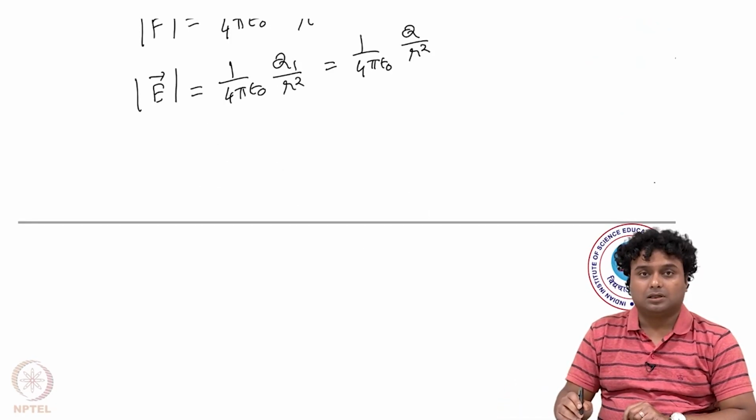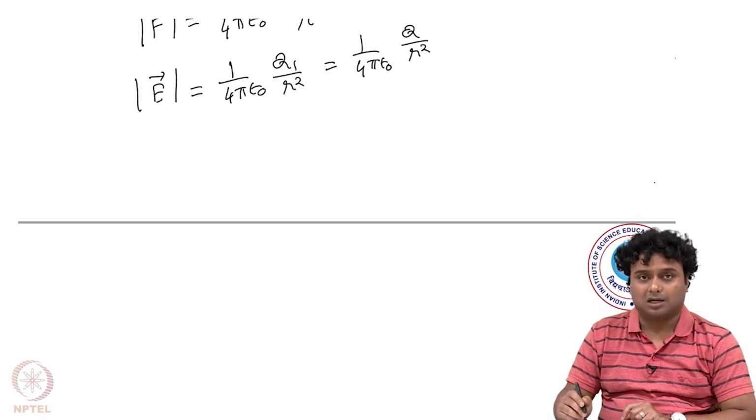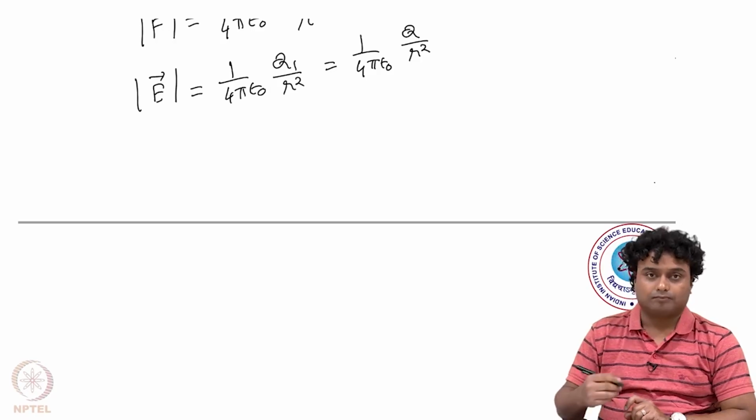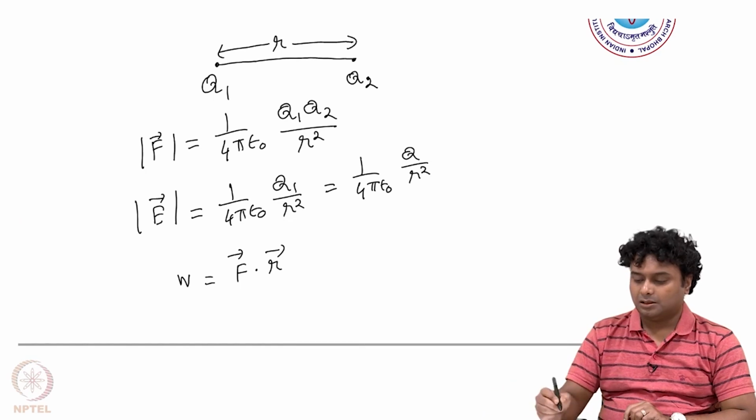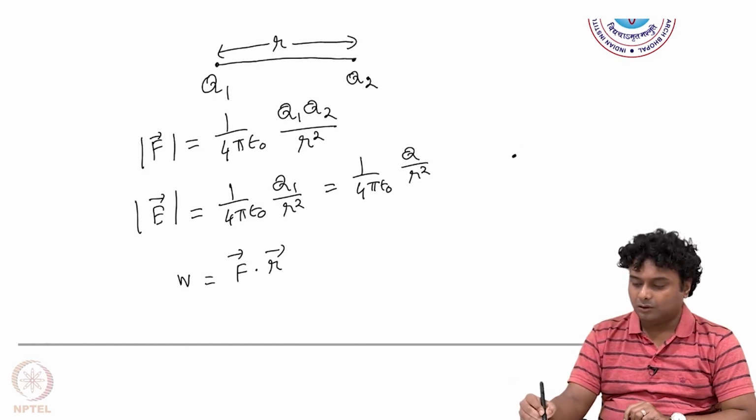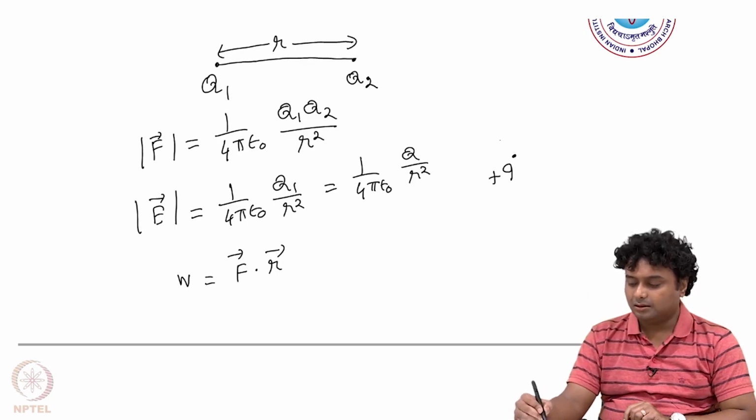Now you are also aware that work done, or energy, is equal to force into displacement. So if I have a charge plus Q at this point, then the electric field at some point at a distance r is Q by r square into the constant 1 by 4 pi epsilon naught.